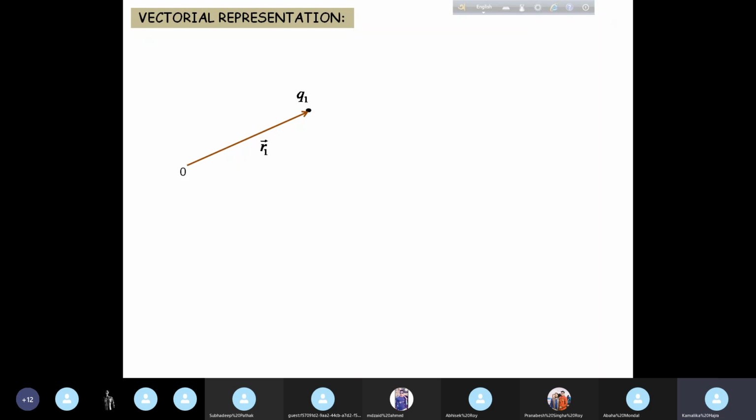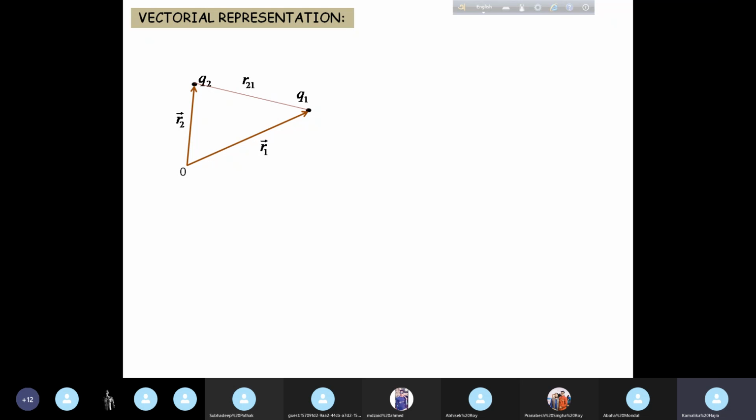You have to get an origin of your reference frame, and the position vector is the distance between q1 and your origin, and that is given by r1. q2 is another charge which is at a distance r2 from the origin O. So r2 vector is the position vector of the charge q2 with respect to our origin O. Therefore, the magnitude of the distance between q1 and q2 is denoted by r21.